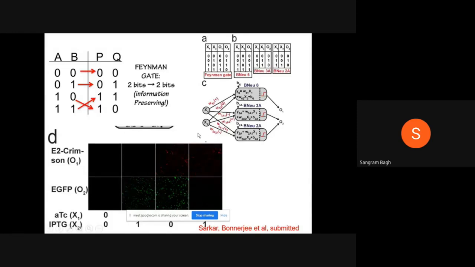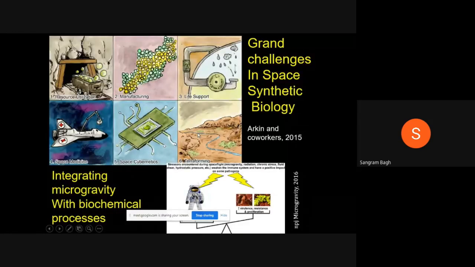Okay, so another area of our work is called space synthetic biology. As I say, synthetic biology could be the key for future space travel. Adam Merkin and his group proposed 6 areas of future space technology where synthetic biology can contribute: resource utilization, manufacturing, life support, space medicine, space cybernetics, and terraforming.